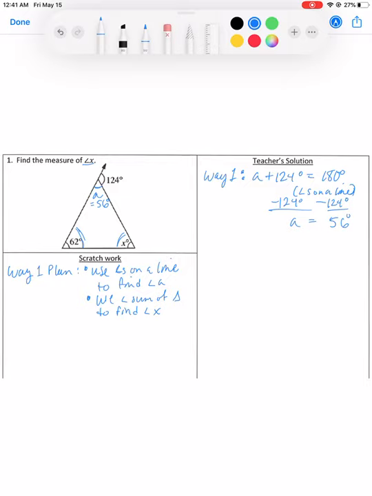So angle sum of triangle means I'm just going to take my A and this angle here, and this angle here, and I'm going to add them up together, set them equal to 180. So we have 56 degrees, and now that's not A anymore. Since I said that it was equal here, I can use it as 56 degrees from now on, plus 62 degrees, plus x equals 180 degrees.